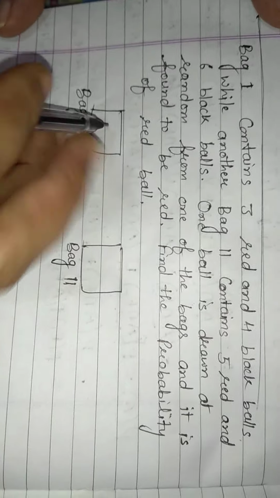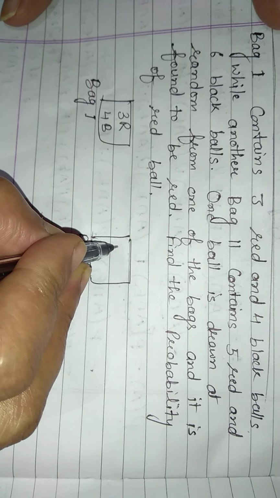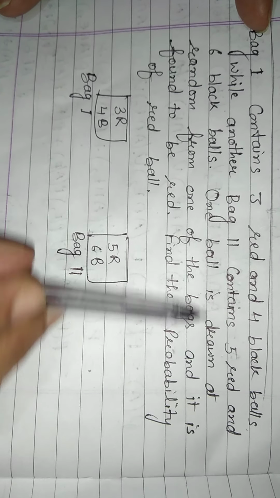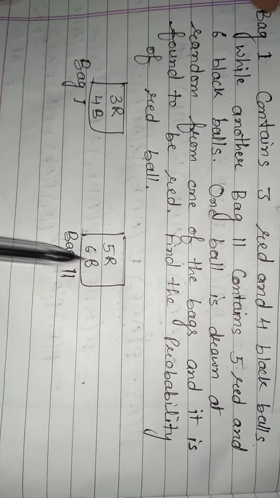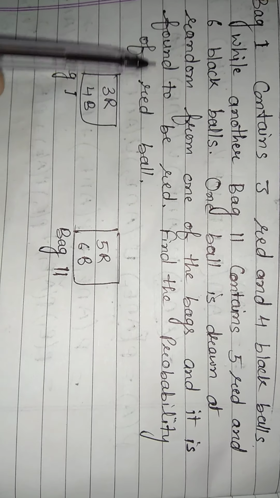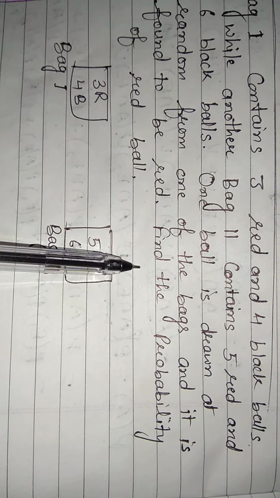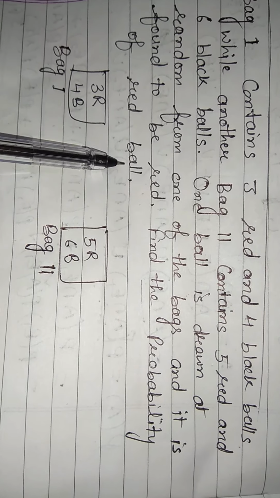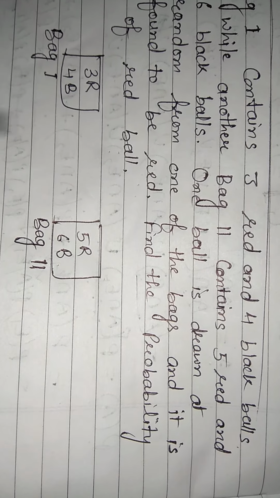One ball is drawn at random from one of the bags, and it is found to be red. We have to find the probability of a red ball. It can be from the first bag or the second bag. So firstly we will choose a bag.